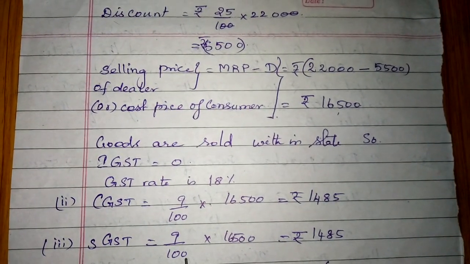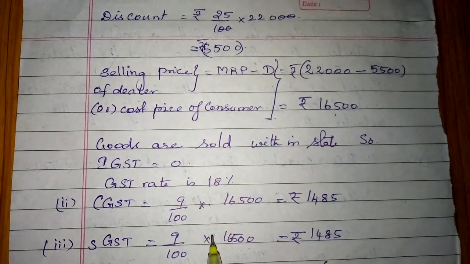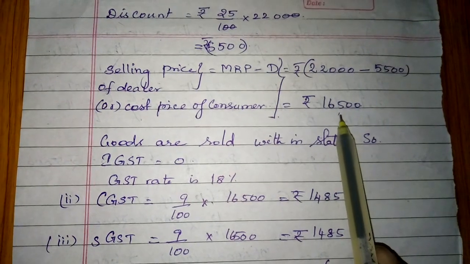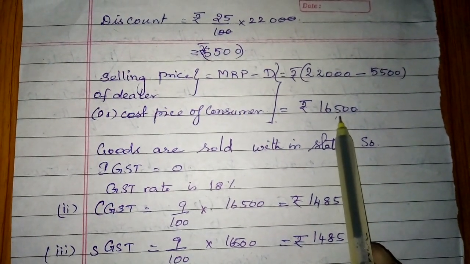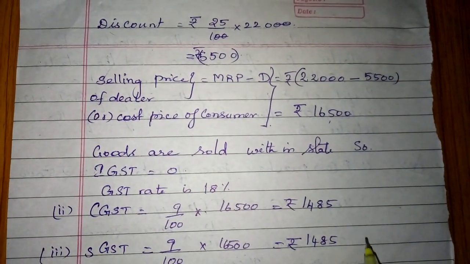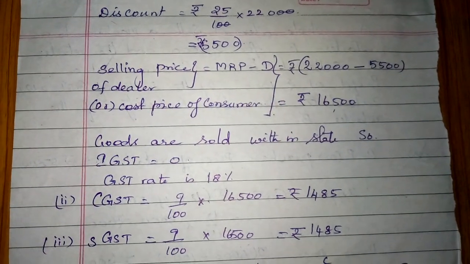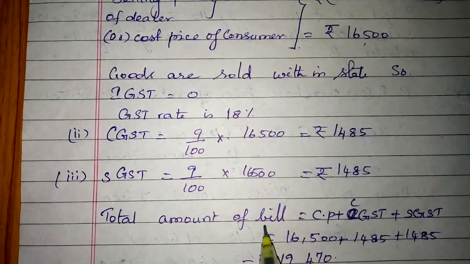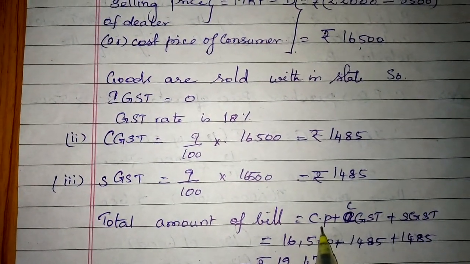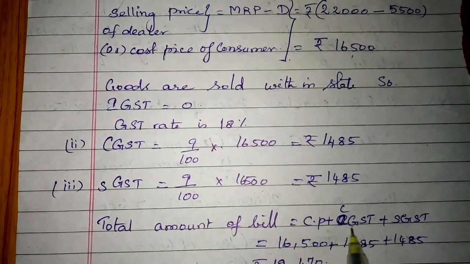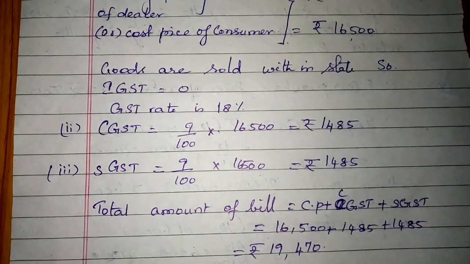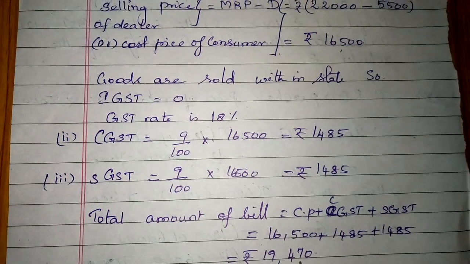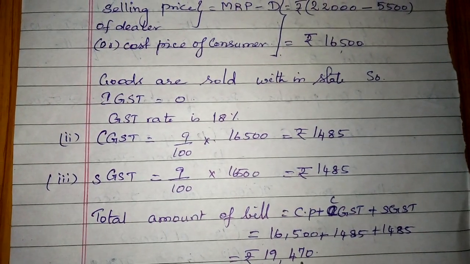Now you have to find the total amount paid by the consumer. The total amount paid by the consumer is equal to the consumer's cost price 16,500 plus CGST plus SGST, equal to 19,470.